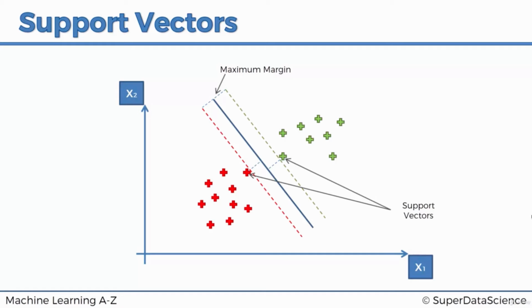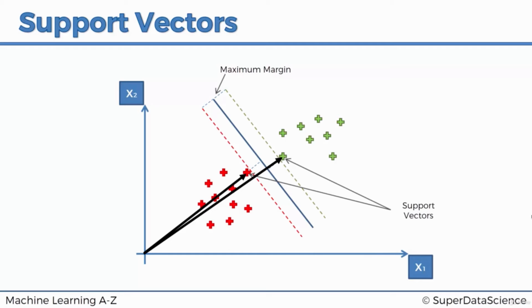You can call them supporting points, but in reality they're vectors, and this is why. In a multi-dimensional space, when you have more than just two variables, you can have 3, 5, 10, 100 variables. Each point is actually no longer a point, because you can't visualize it on a two-dimensional plane or even a three-dimensional space. Therefore, each of those points that we see here is actually a vector in a multi-dimensional space.